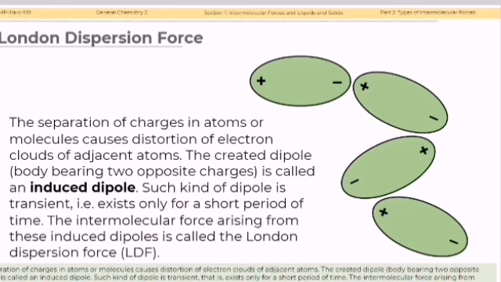The separation of charges in atoms or molecules causes distortion of electron clouds of adjacent atoms. The created dipole, or body bearing two opposite charges, is called an induced dipole. Such kind of dipole is transient, that is, exists only for a short period of time. The intermolecular force arising from these induced dipoles is called the London Dispersion Force, or LDF.